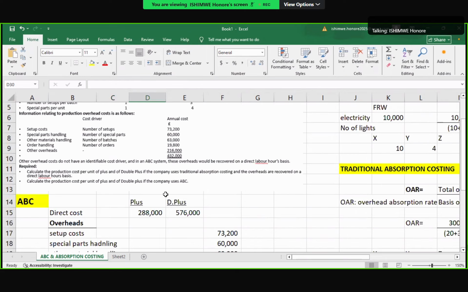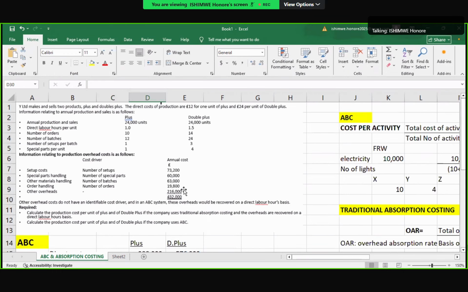So now we're going to see, do we have a number of setups in the question? That is why I say this information will help us. Or they might give you information which you will not use, but there is information that you will need, depending on what you are working on. So you see here they say number of setups per batch. We have 1 and 3.